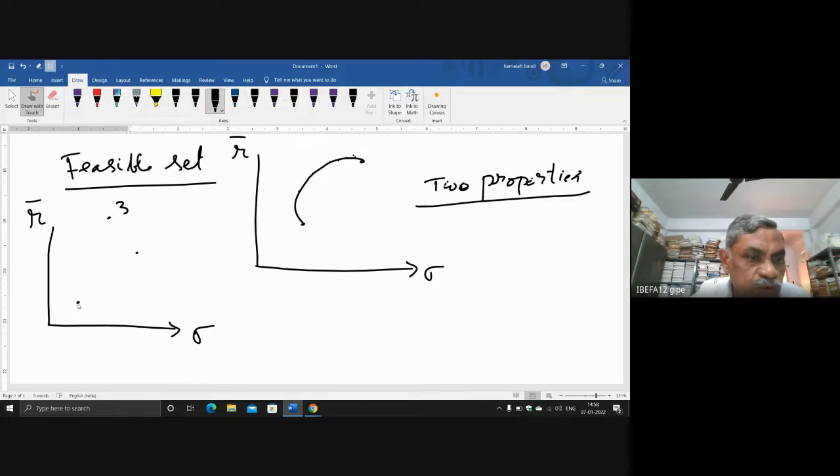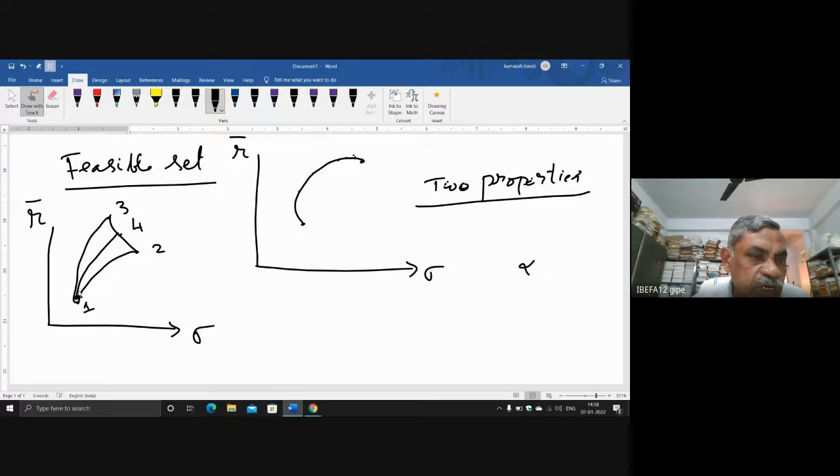So 1 and 2 sweep out a portfolio. Then 1 and 3 also sweep out a portfolio, so each value of alpha will give rise to a portfolio. Now 2 and 3, because these two are assets, also sweep out another portfolio. Now let us consider a point here, which is an asset, which is also a portfolio, right? So between 1 and 4, it also sweeps out a portfolio. Okay.